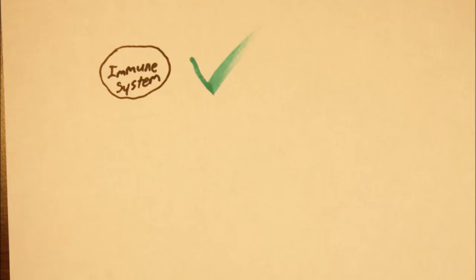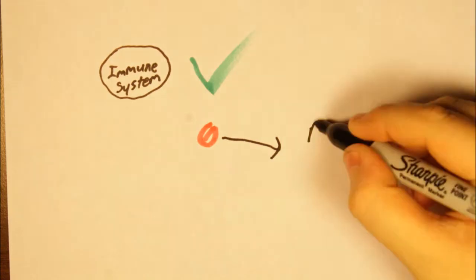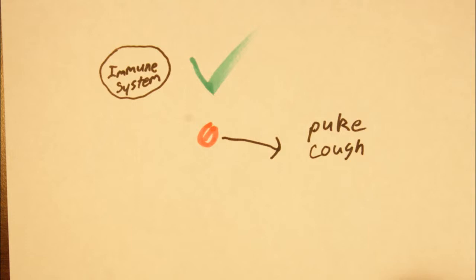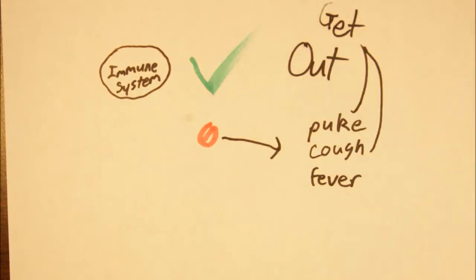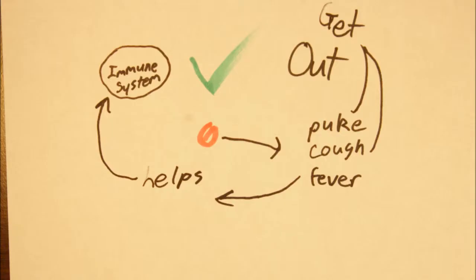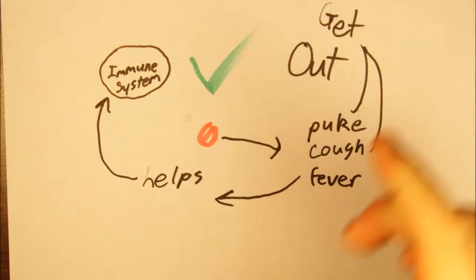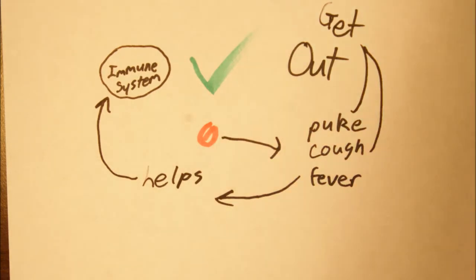Most of the time, this is handled by your immune system, but some of the time it isn't handled by your immune system, and that's when you get sick, and you experience symptoms like coughing, sneezing, or puking to get out the viruses, and stuff like the fever to help your immune system cope with the virus.